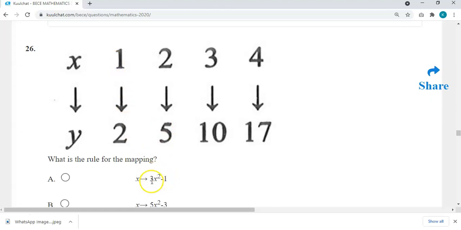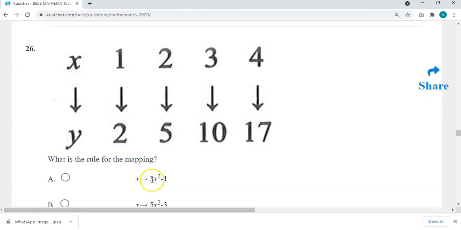So you have 3 into bracket x squared minus 1. 1 to the power 2 is 1. So you get 3 times 1 minus 1, which gives you 2. Okay, so here this is correct. Then we'll move on to here. When our x is 2, we have 3 into bracket 2 to the power 2 minus 1. 2 to the power 2 is 2 times 2, which gives you 4.